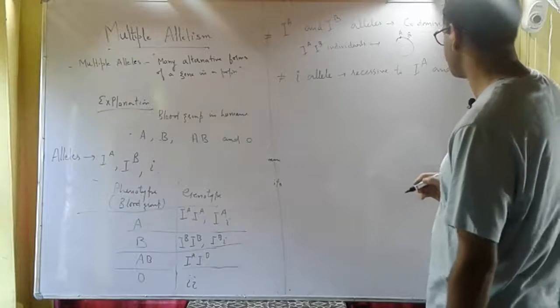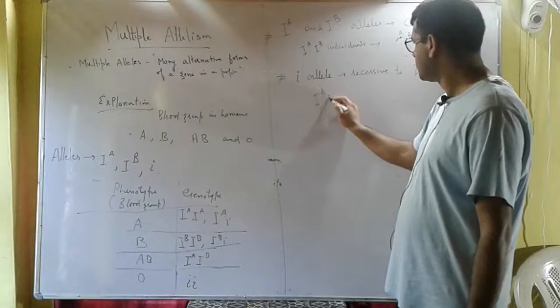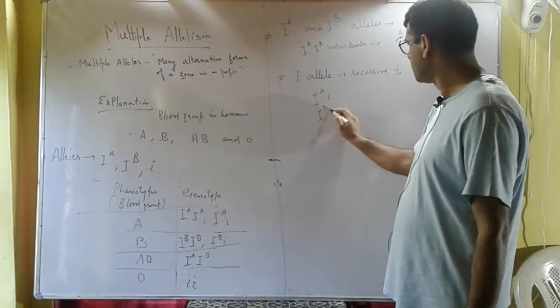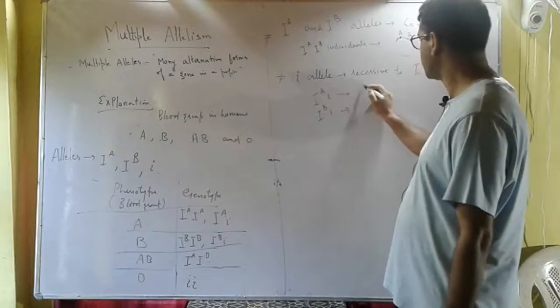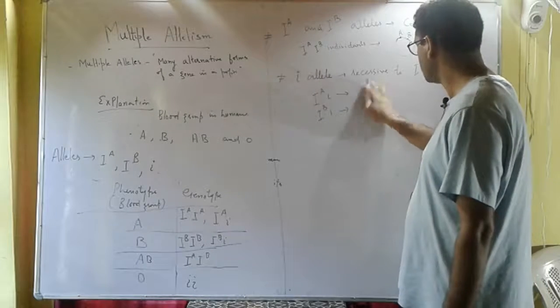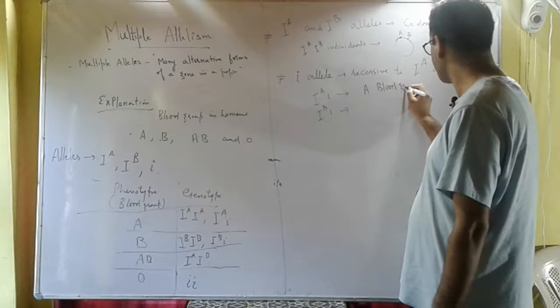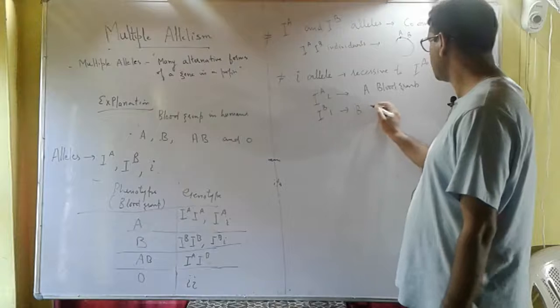That means if an individual has IA IA or IA small i, the blood group is A. This is B blood group.